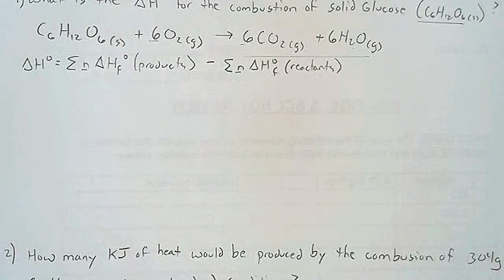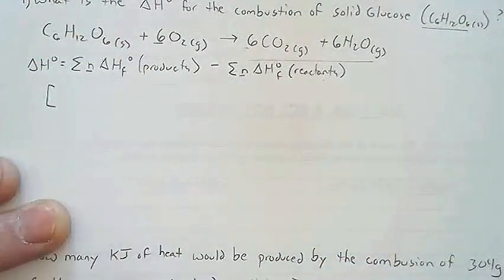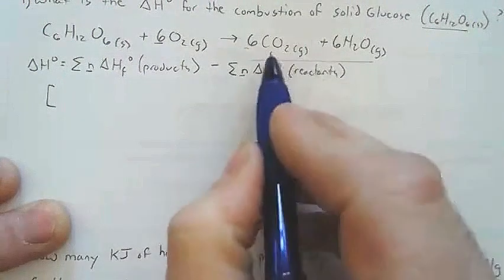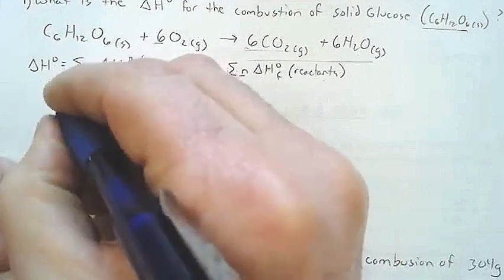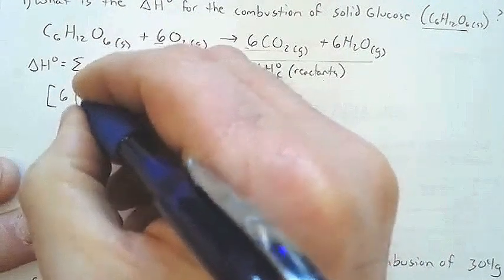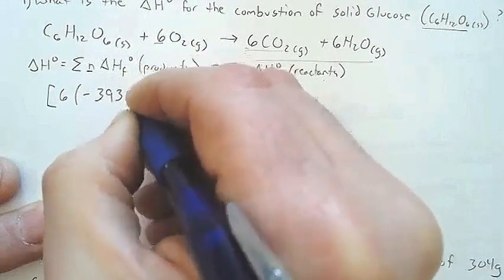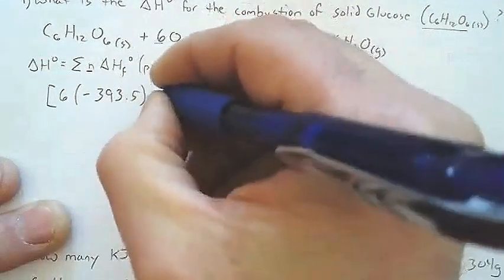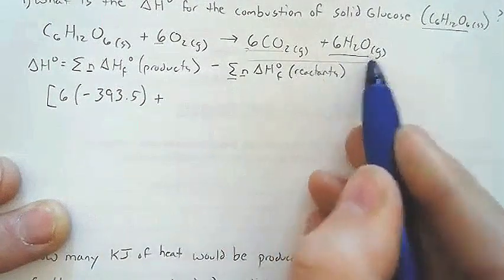So for the products, we have 6 carbon dioxides. Each one, once again, is negative 393.5. And then, since it's the sum, we're going to add that to the waters.